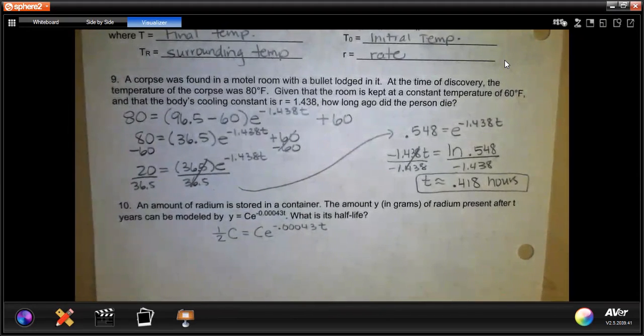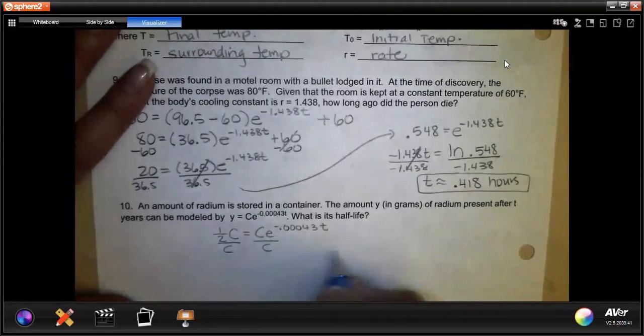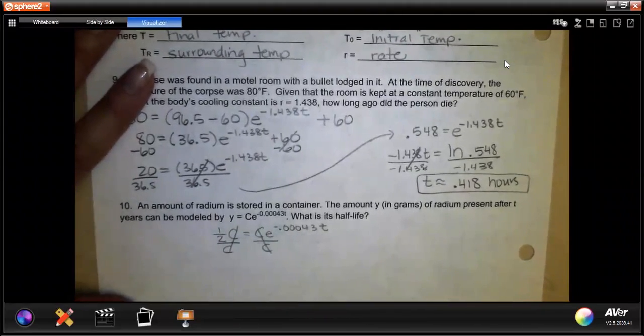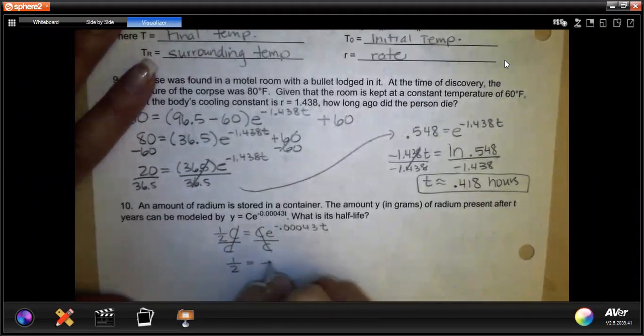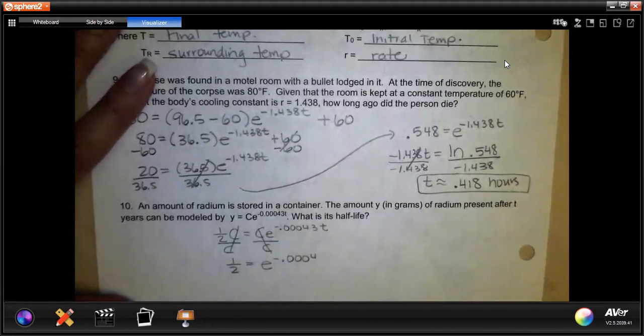We've got a lot of variables here, so we need to get rid of it. Since we've got the C on both sides, if I divide by C here, that cancels out on both sides. And so we get 1/2 is equal to e to the negative 0.00043t.